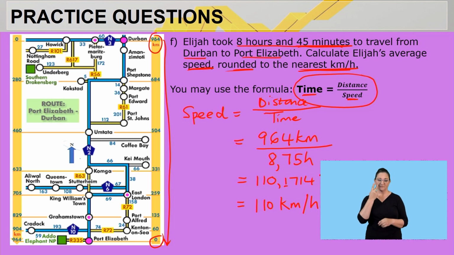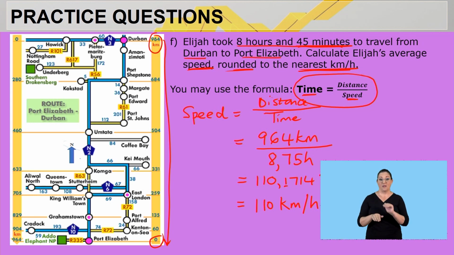Guys, let me run through this quickly, right? First, I changed the subject of the formula because I needed to calculate speed. Right? Speed equals distance divided by time. So I went to my trip route map, and I found a distance. It's 964 kilometers between Durban and Port Elizabeth. Then I converted that 45 minutes into hours, and that gave me 0.75 hours. I added it to the 8 full hours. Hence, I ended with 8.75 hours, right?